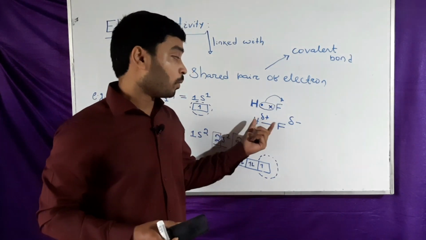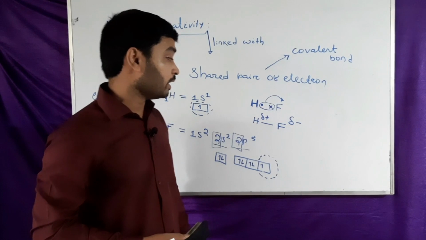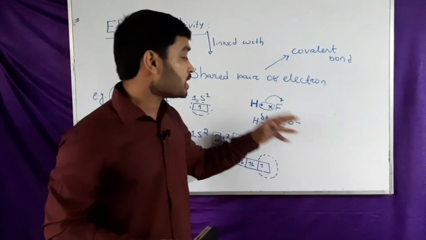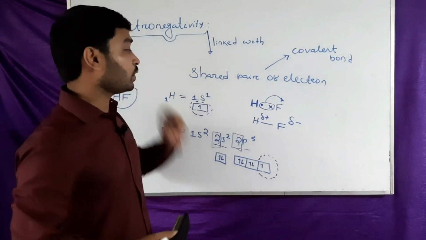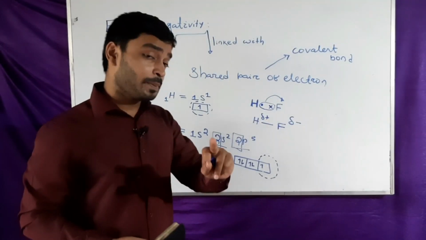In this way, both positive and negative charges develop over hydrogen and fluorine, which is the result of the electronegativity concept. And we can now state the definition.